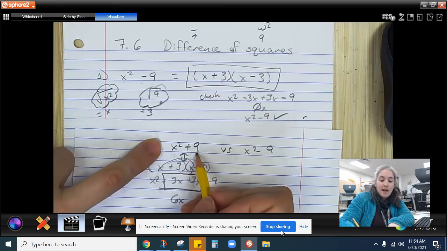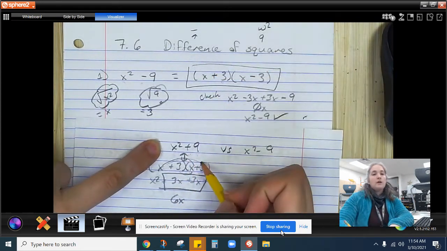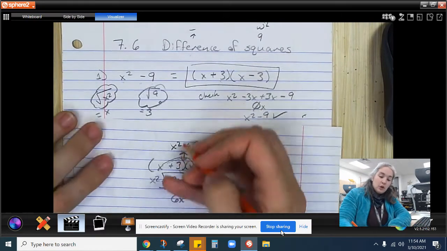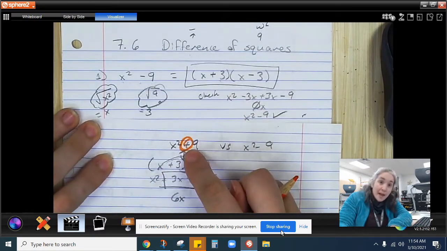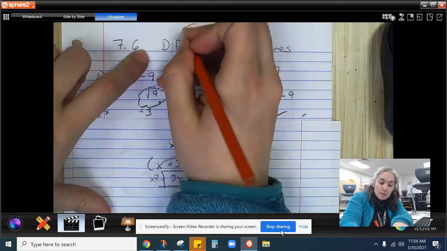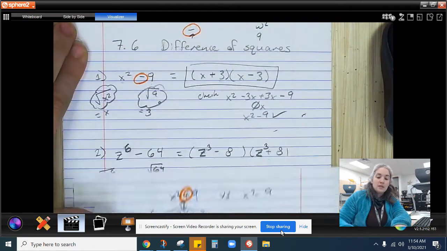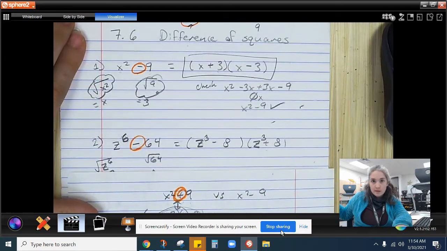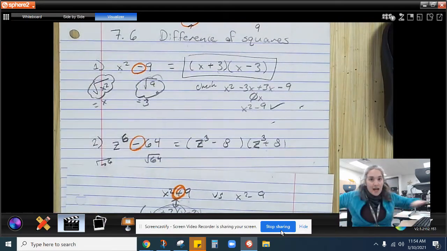So we cannot do a difference of squares. Another way of saying that, it's not a difference. Look right here. It's a plus. Difference means to subtract. We have to have subtraction signs. If it does not have a subtraction sign, you cannot do it. Do not pass go. Do not collect $200.